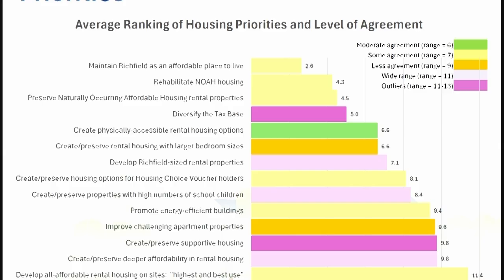And I use outliers in the statistical term, not trying to insult somebody for having their opinion, right? Deeper affordability ranked as one of the lowest priorities overall, but there were a couple of much higher rankings in there as well. All affordable housing ranked as the lowest priority with some level of agreement among everybody.